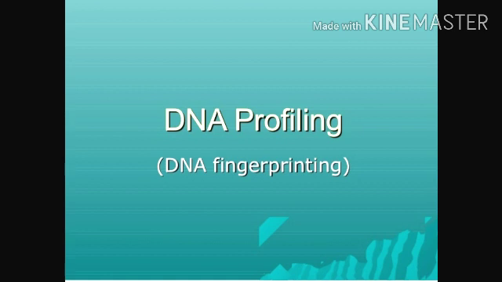So there are basic steps. First, isolate the DNA, then digest the isolated DNA with the help of restriction endonuclease enzyme. After that, the digested fragments are separated as per fragment size by the process of electrophoresis. After that comes blotting of the separated fragments onto a synthetic membrane like nylon.